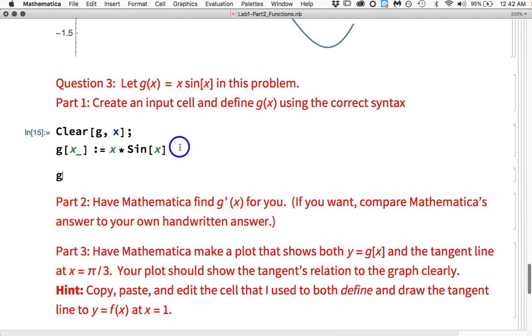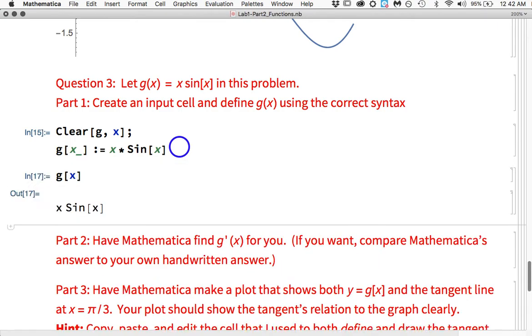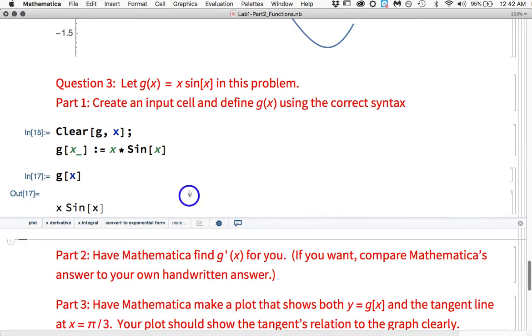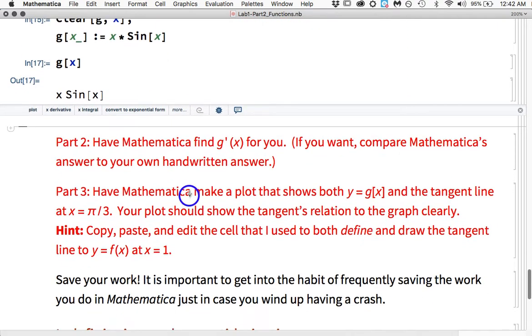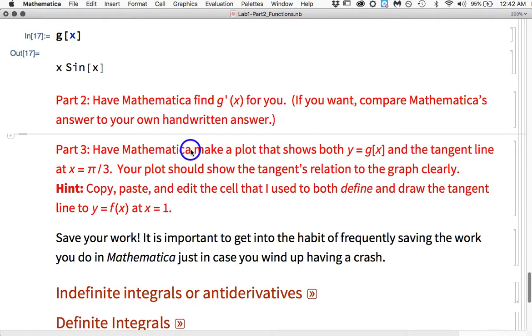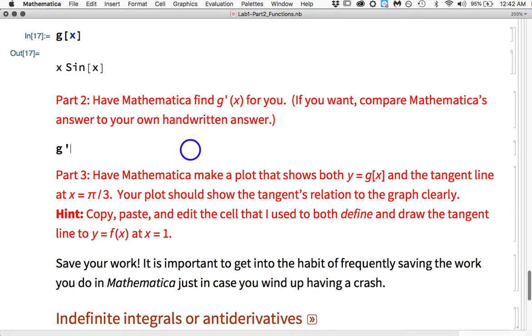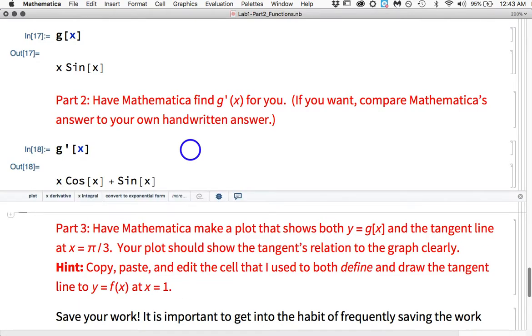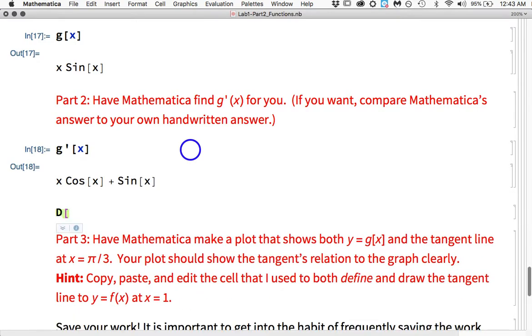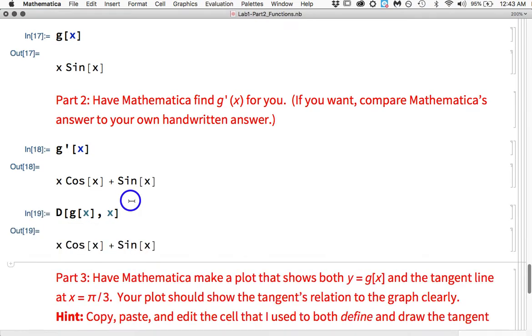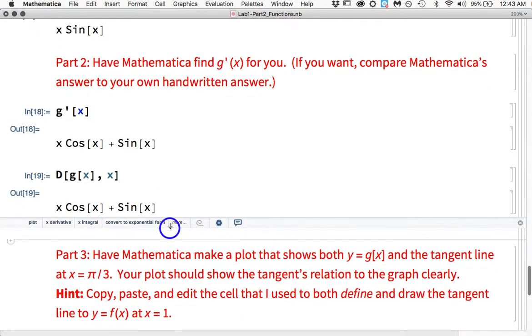If I want to, I can double check that I've got the formula right, and yes, I have the formula right. Part 2 is simply asking for the derivative, so I can say g prime of x. If I want to, I could say d g of x, take the derivative of g of x with respect to x, and I get the same thing.